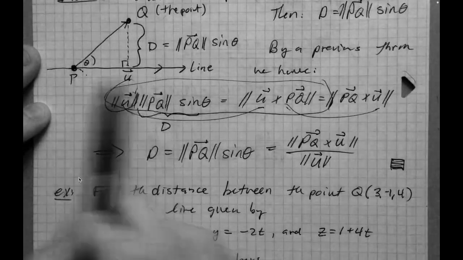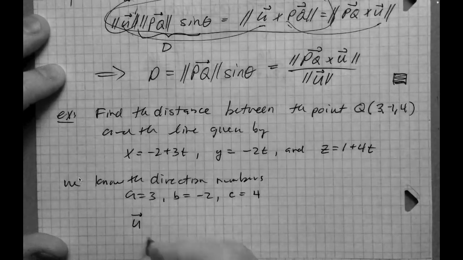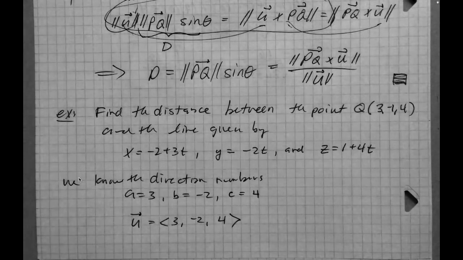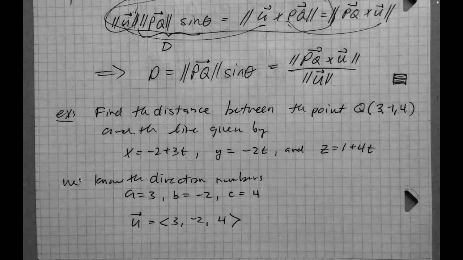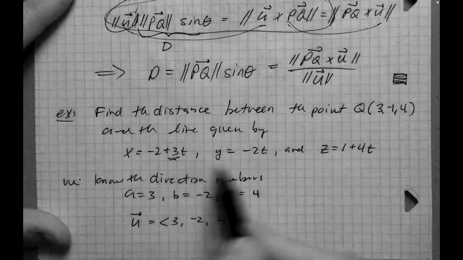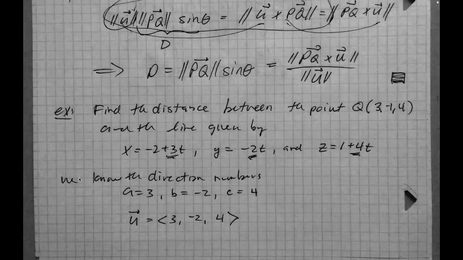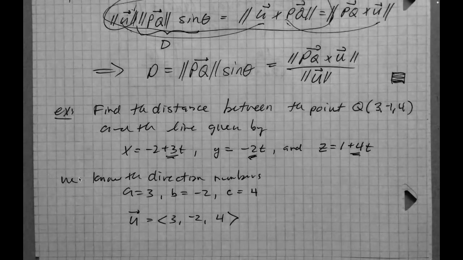Remember, u is the vector that's in the direction of the line. So u would be equal to (3, -2, 4). We're basically given it, as long as you can remember to read these off, you know that's going to give you the vector in the direction of the line.